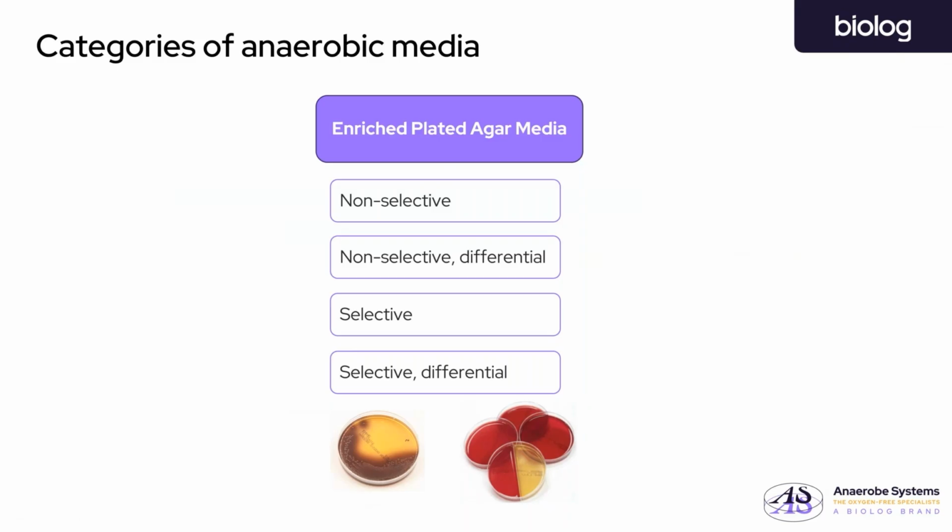So Brucella blood agar, that's industry standard for general enrichment, and it's supplemented with vitamin K and hemin and cysteine, which are really important for any media where you're growing anaerobic bacteria. But we also make some more highly enriched plates for the more fastidious, which is organisms with really complex nutritional requirements.